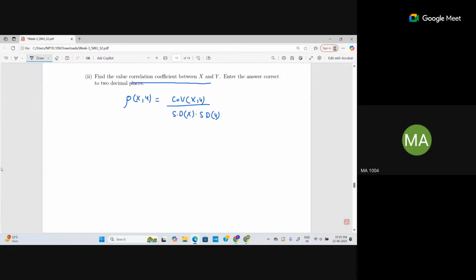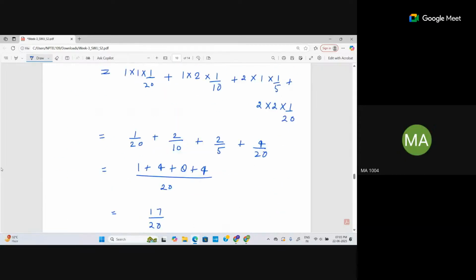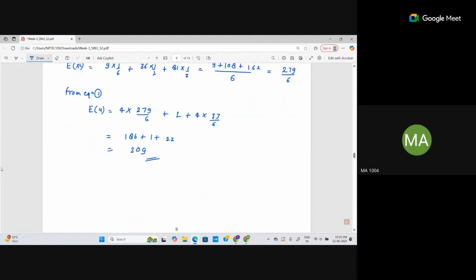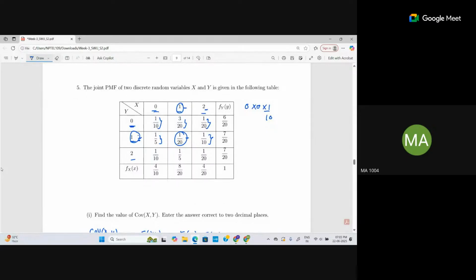So now try to calculate expectation of x square, expectation of y square. Ma'am, can you show the table again? Yes. You have to calculate the correlation, okay?